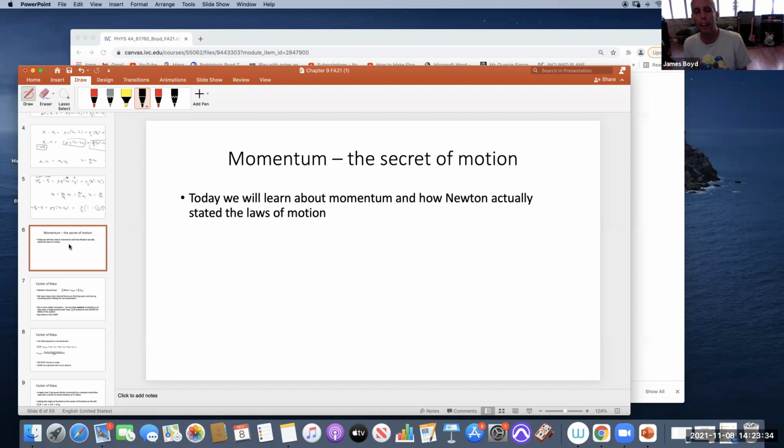Newton said, yeah, that's conservation of angular momentum. He figured that out in a very simple way. But we're basically going to simplify everything down to something called momentum. And there's a lot today that we need to talk about with momentum.